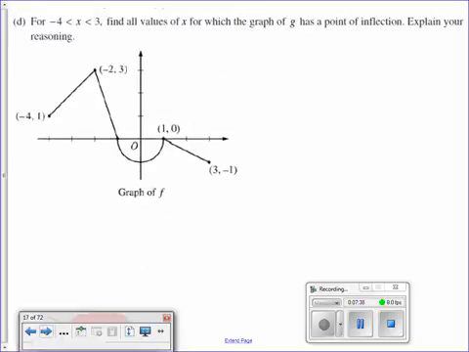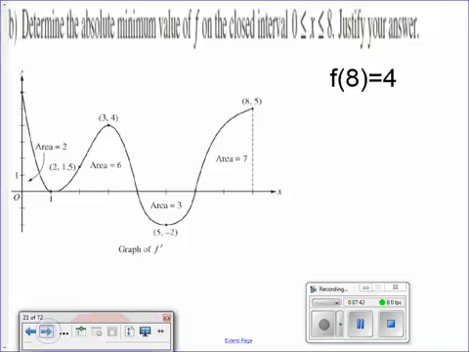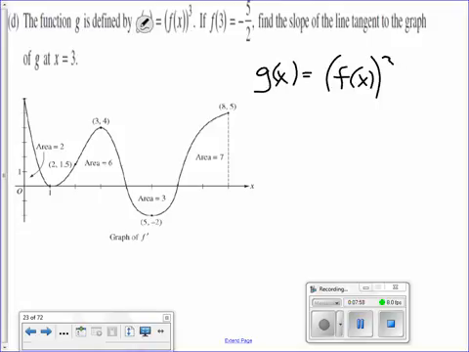2013 Part D. Okay, the function g is defined as g of x is equal to f of x cubed.